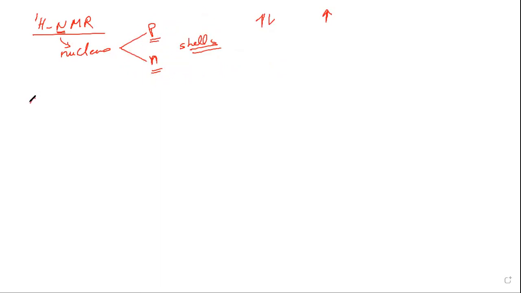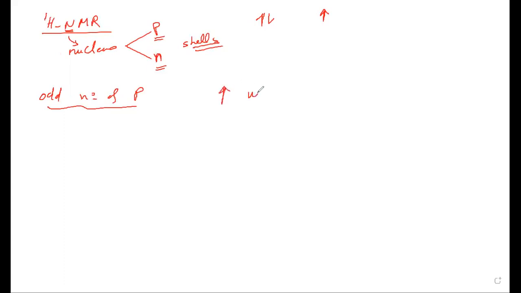But if we have an odd number of protons, this means that a proton is found unpaired. Of course, when we draw an arrow, it means it's spinning in one direction.